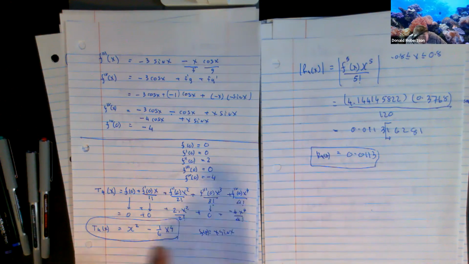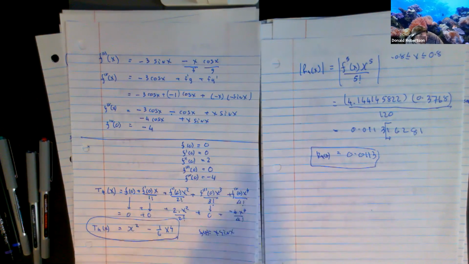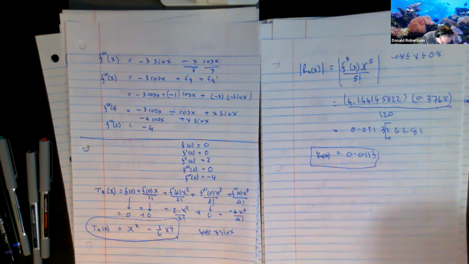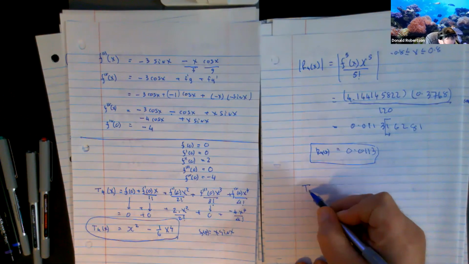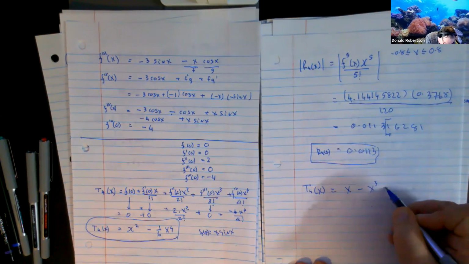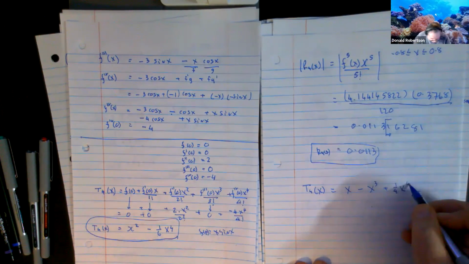We're finding this polynomial, and then we're trying to find the maximum error. How good is it? Can you imagine I've got a totally different question? And that ends up being the polynomial.